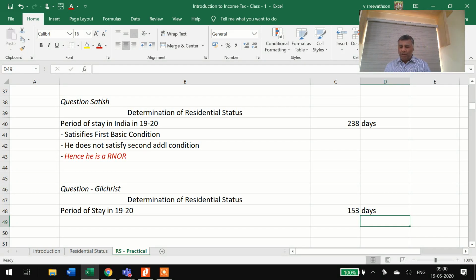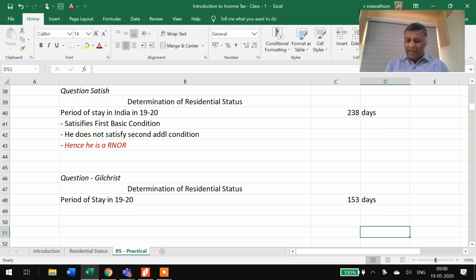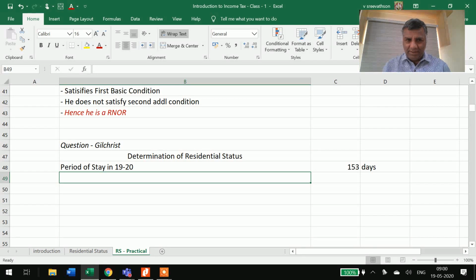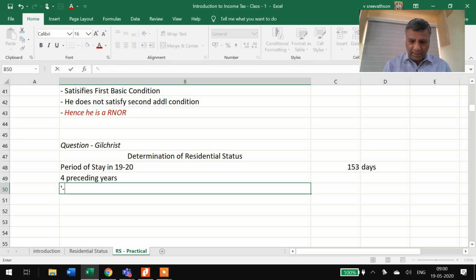So period of stay in 1920 is 153, 182 not satisfied, only 153 days. Let me go for 60 plus 365. So 4 preceding years. Now first starting with 1819.